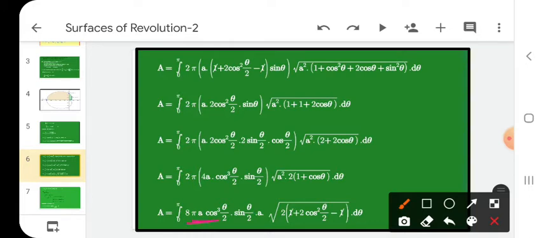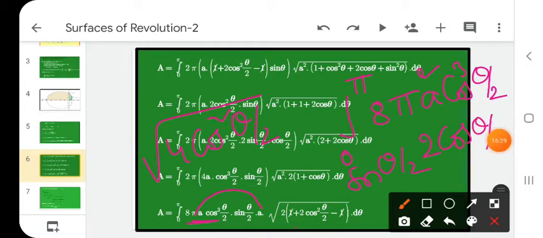See here. Integral 0 to pi, 8 pi a cos cube theta by 2 sin theta by 2. Here also we have a into a square, so I write a square. In the root we have 4 cos square theta by 2, that means 2 cos theta by 2.